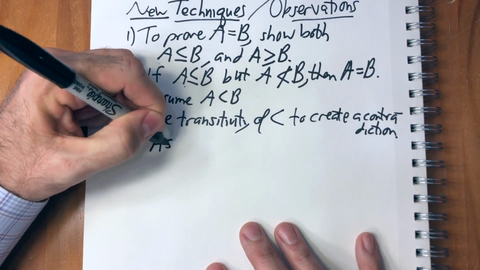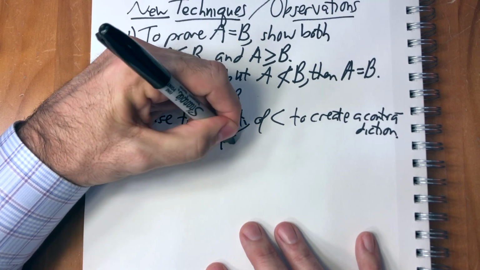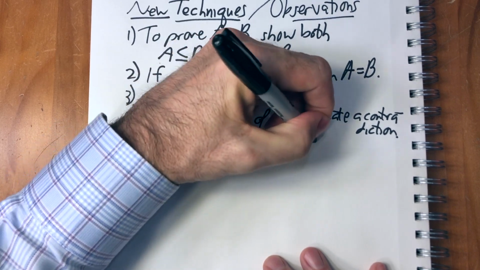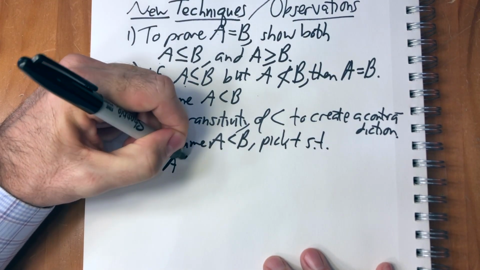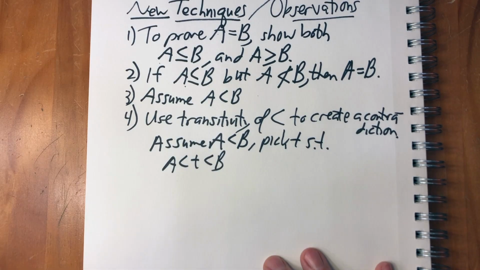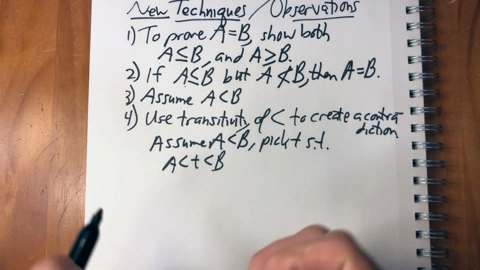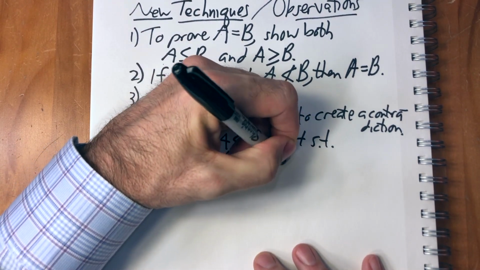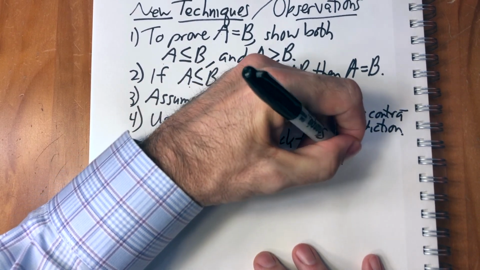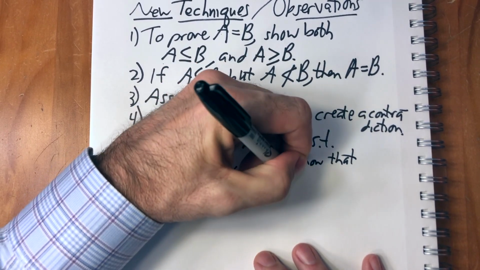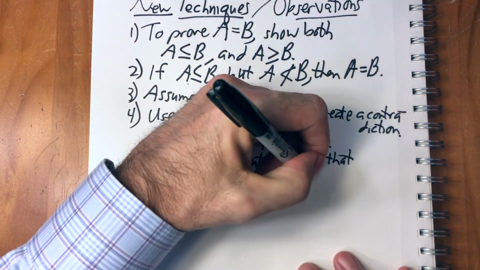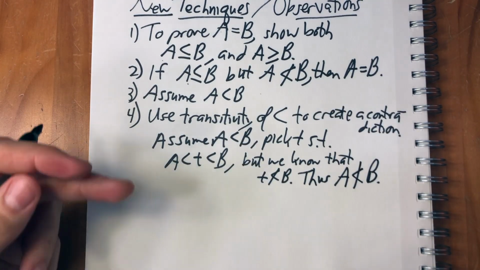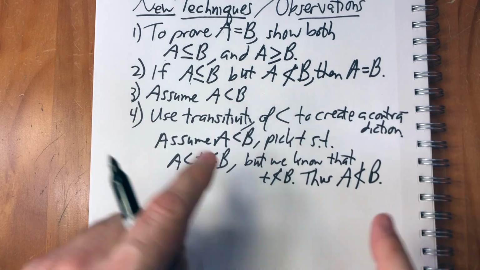So again, you assume that A is less than B, then pick a number between them such that A is less than T is less than B. But then T is something that we know more about, and in fact we know that T is not less than B. So if T is not less than B, then A can't be less than B. Thus A is not less than B, so therefore if what we're trying to prove is this, then we know that A must equal B, okay?